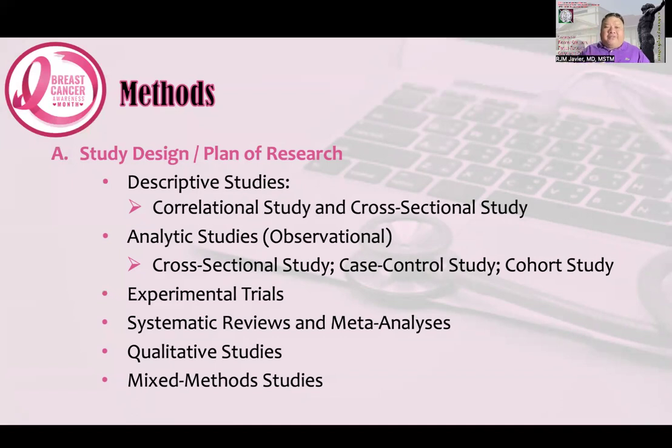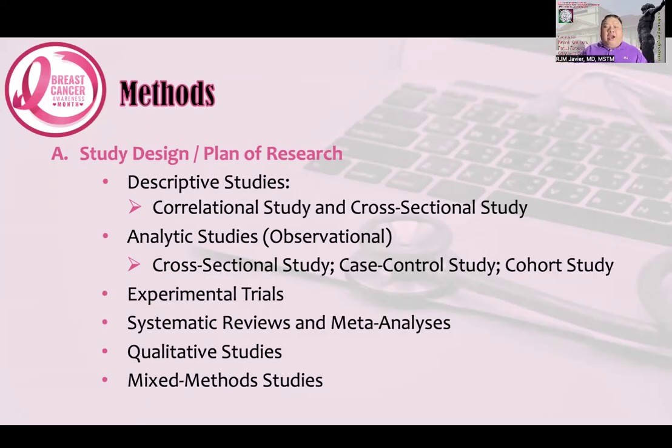So your descriptive studies would look into your correlational studies and your descriptive cross-sectional surveys. But when you talk of your analytical studies, we could have your observational analytical studies, which would include your cross-sectional study, your case control study, or your cohort study.